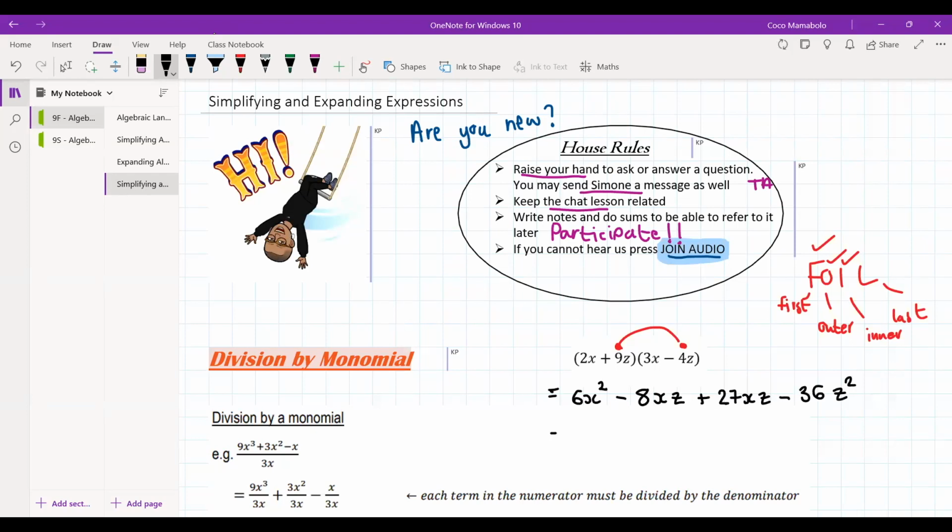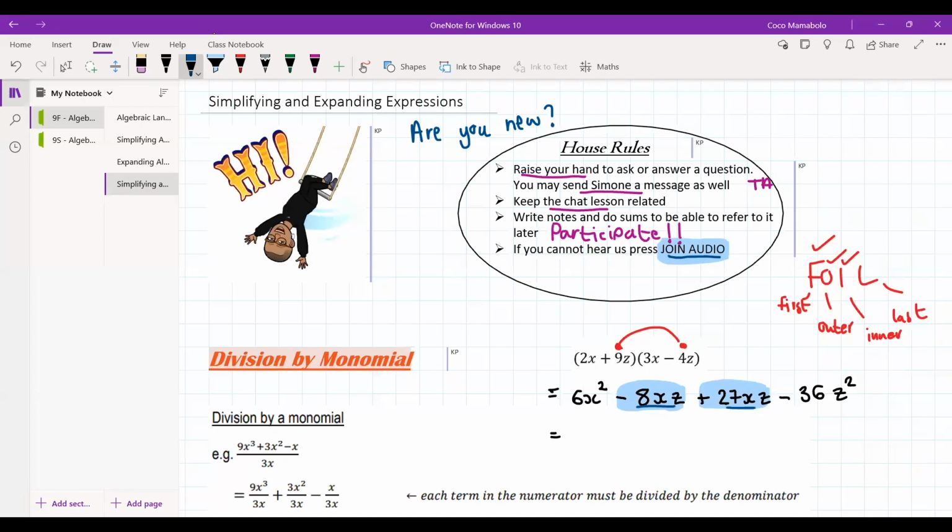The last thing I need to do then is add my terms. I know that negative 8xz and 27xz are like terms because they both have xz as variables. So I'm going to add these two.